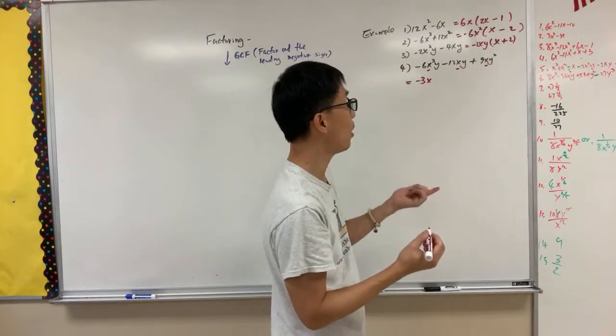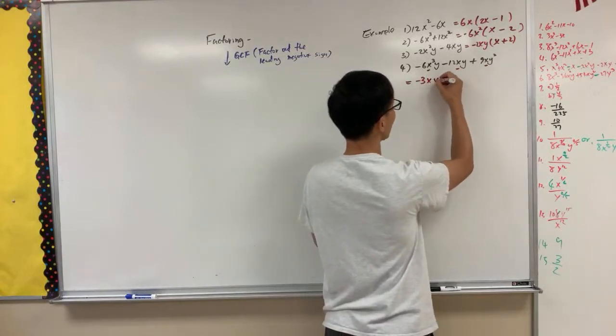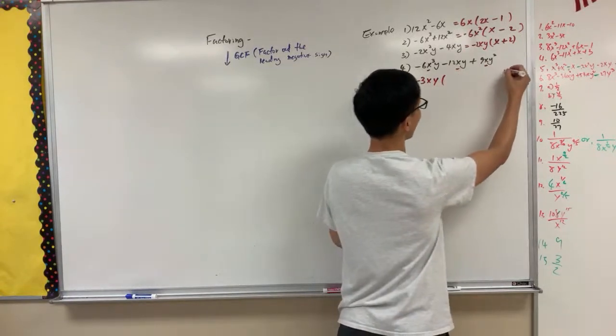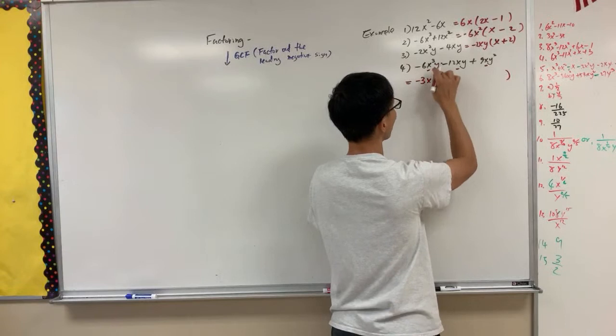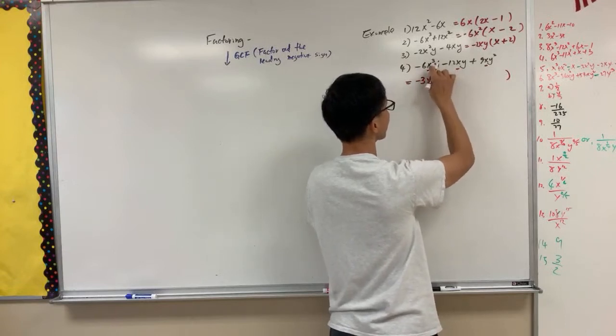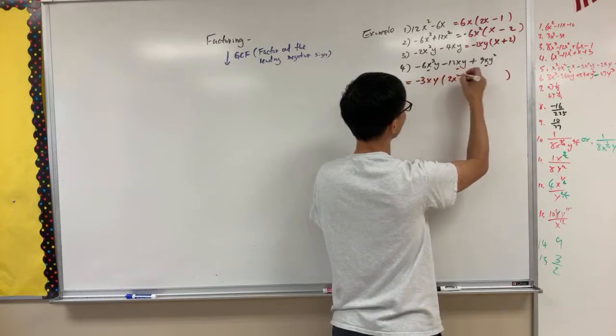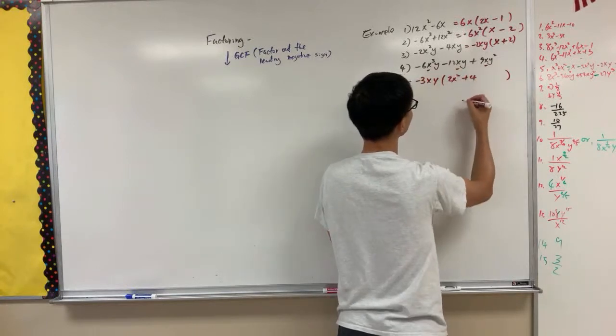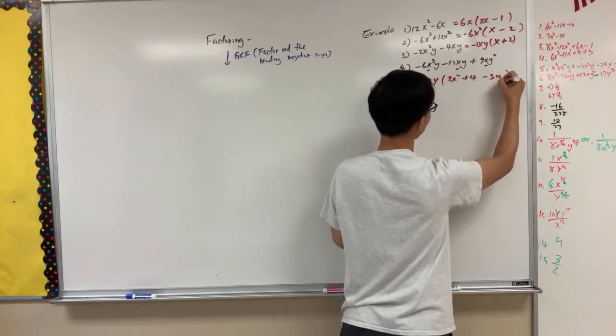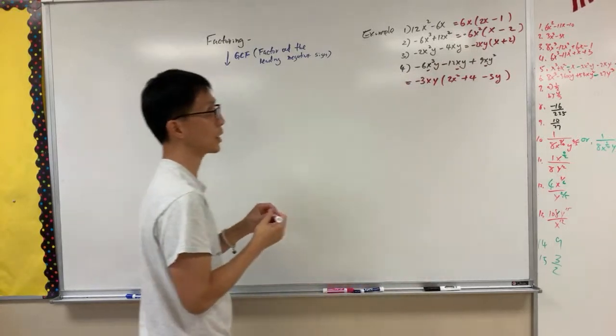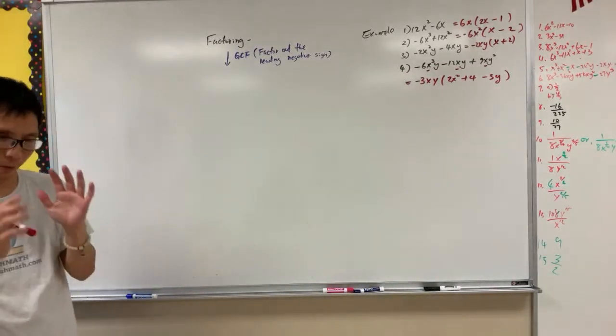And they all have y, but not y squared, so it's a y here. So once you factor out, this is multiplied by what to equal this? 2x squared. Plus 4. Minus 3y. Perfect. You all did a wonderful job. That's factor by GCF.